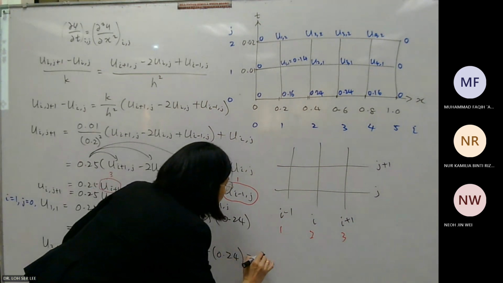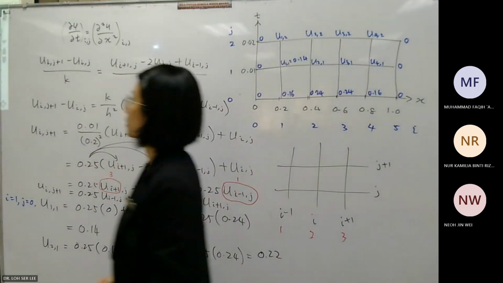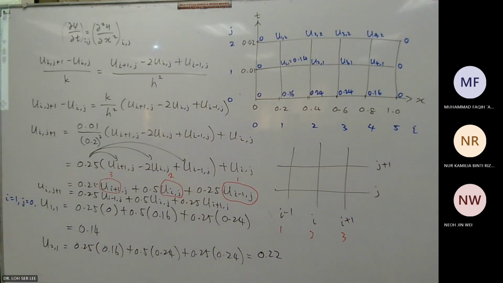Zero point double two. Okay, do you get 0.2?